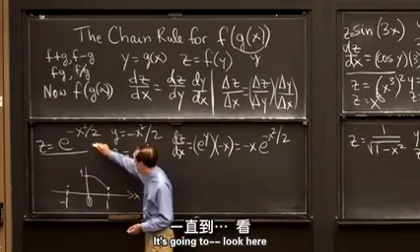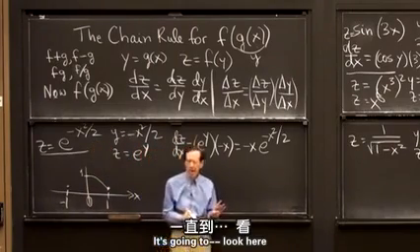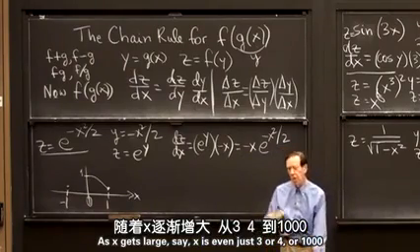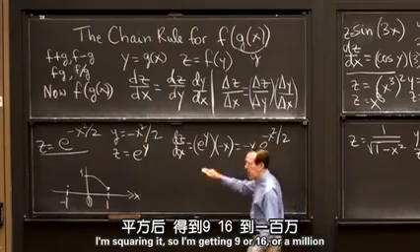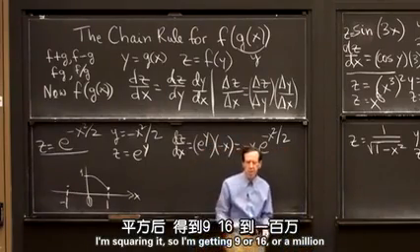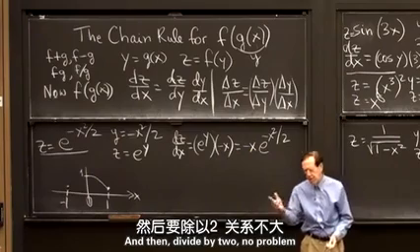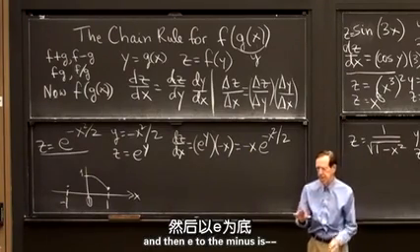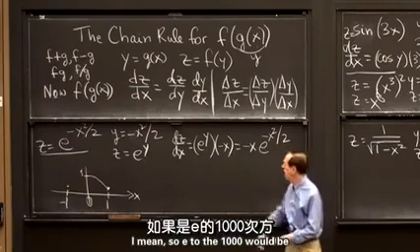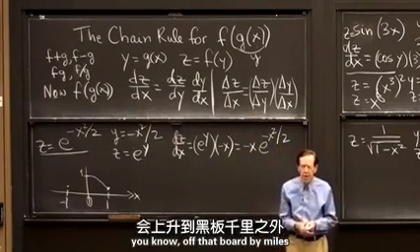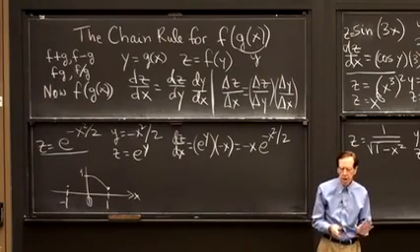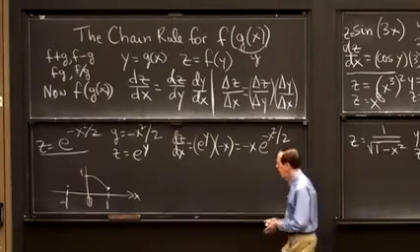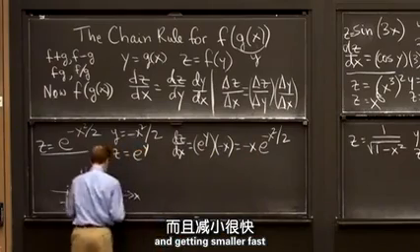Look here, as x gets large, say x is even just 3 or 4 or 1,000, I'm squaring it, so I'm getting 9 or 16 or 1,000,000. And then divide by 2, no problem. And then e to the minus that, so e to the 1,000th would be off that board by miles. E to the minus 1,000 is a very small number and getting smaller fast.